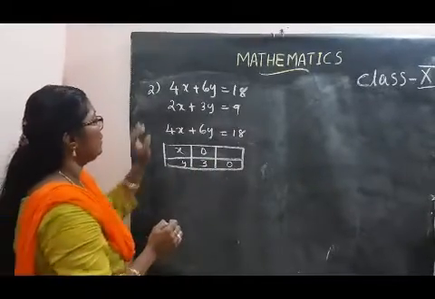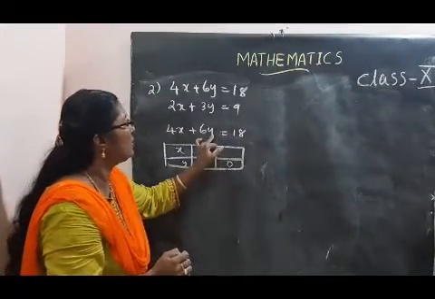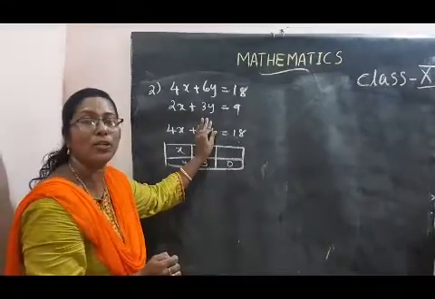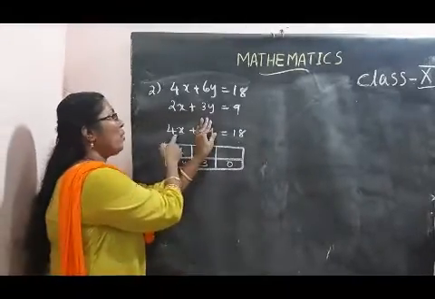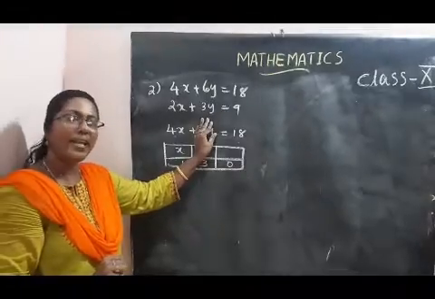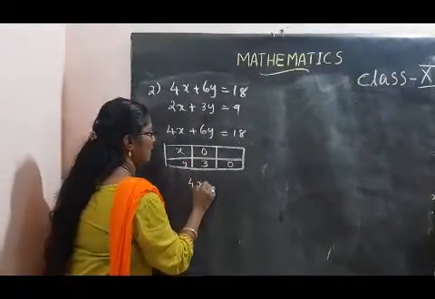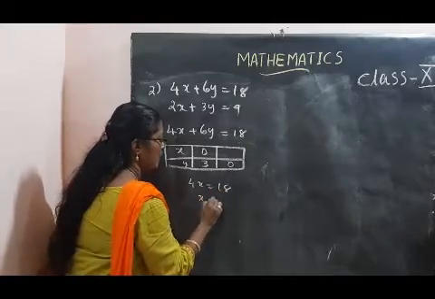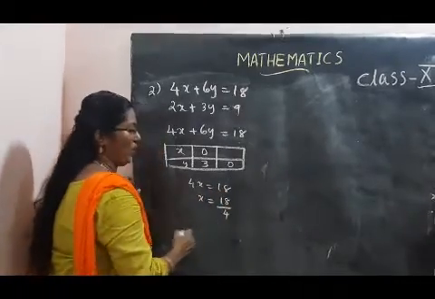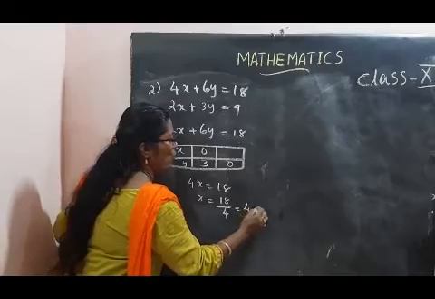Then put the y value 0: 6 into 0 is 0, then 4x equal 18, x equal 18 by 4 equal 4.5.